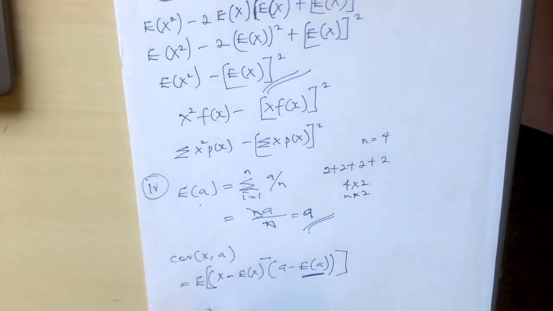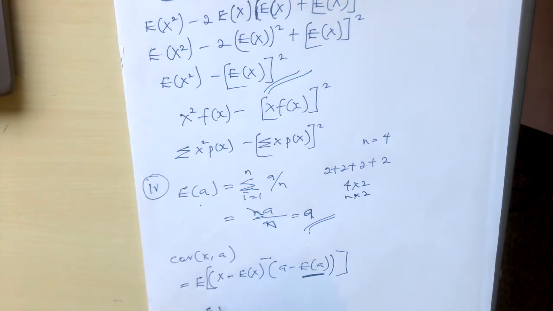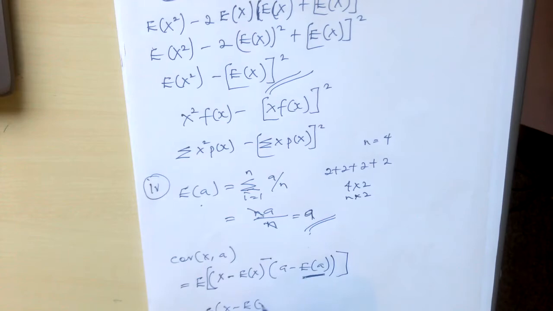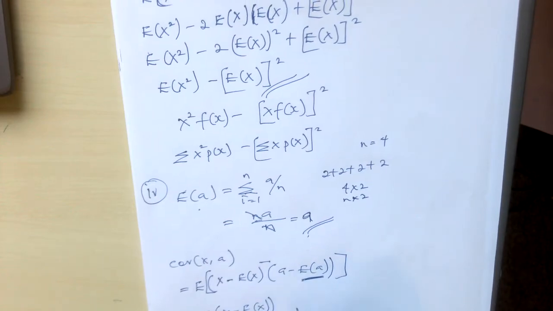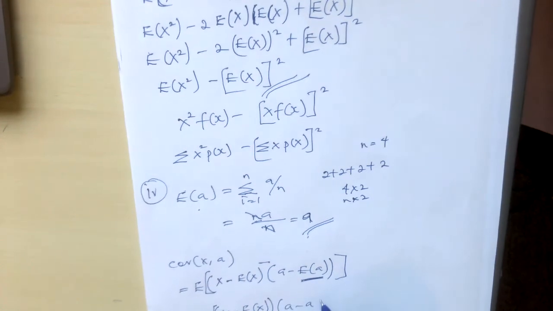So open up the brackets and replace the expected value of a with a. We have the expected value of x minus the expected value of x, times a minus a.